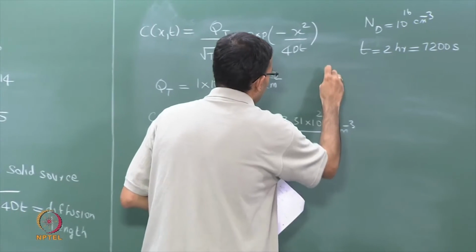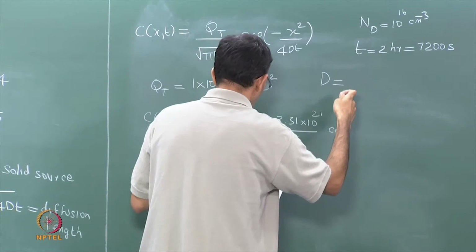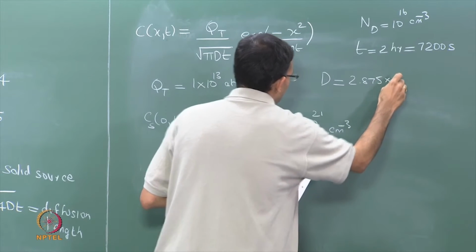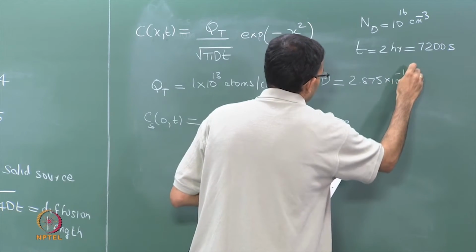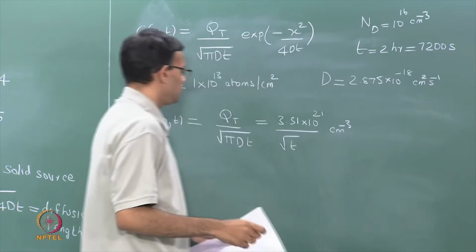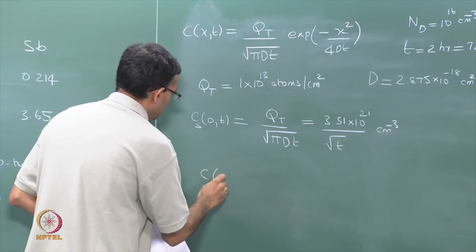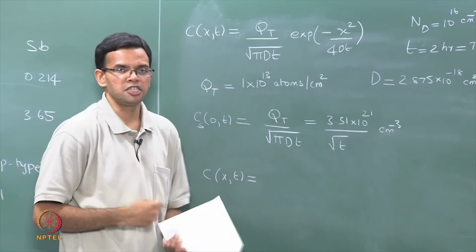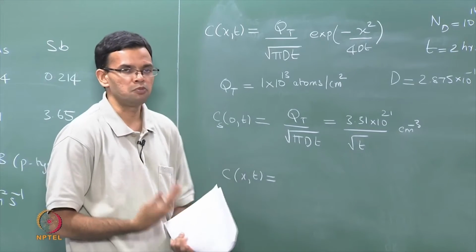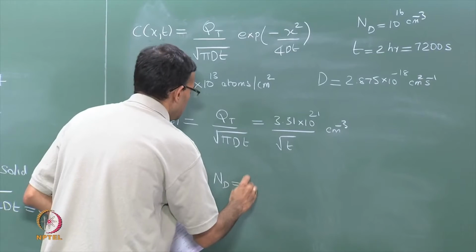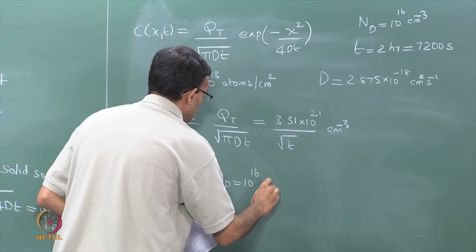D we have already calculated to be 2.875 times 10 to the minus 18. We want to calculate the depth at which the concentration of my p dopants, which is boron, is equal to Nd, which is 10 to the 16th per centimeter cube.